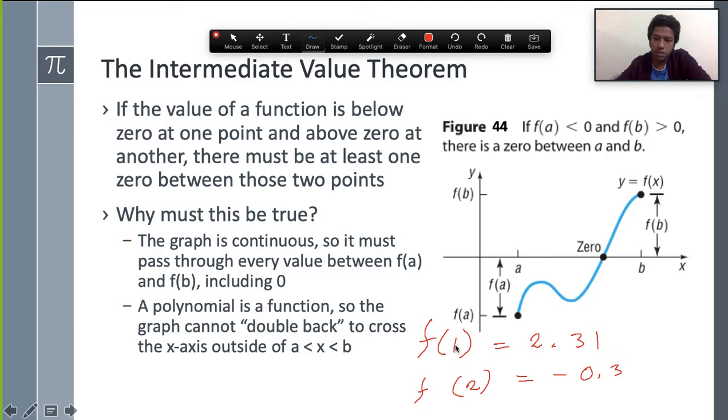That means between 1 and 2 there must be a shift in your graph. From positive 2.31 the graph came to a negative value, so the graph crossed the x-axis somewhere. So the intermediate value theorem tells you that between 1 and 2 there must be a real zero because there is a change in sign.